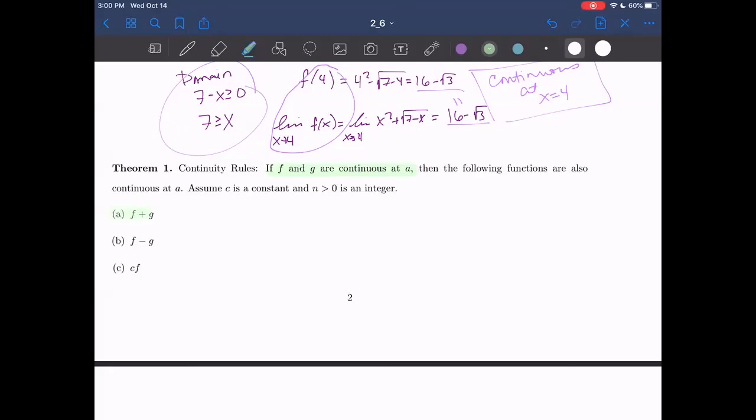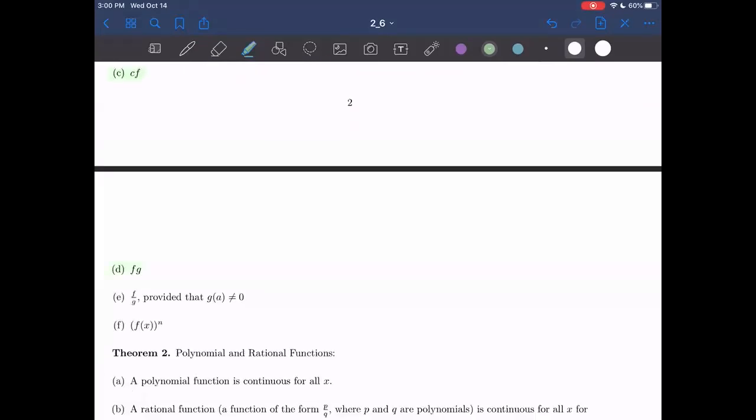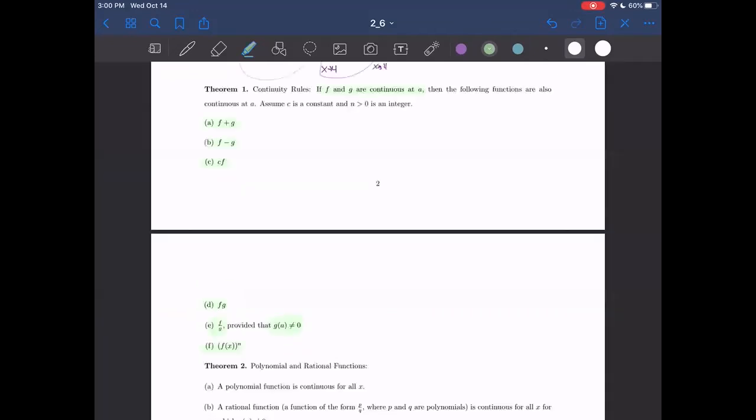So if we add those two functions or subtract them, if we multiply one of them by a scalar, we multiply them together, we raise one of them to a power, and lastly, if we divide them, given that the denominator won't equal 0. So if f and g are both continuous at a point, then the following operations will respect that, and it will still be continuous afterwards.